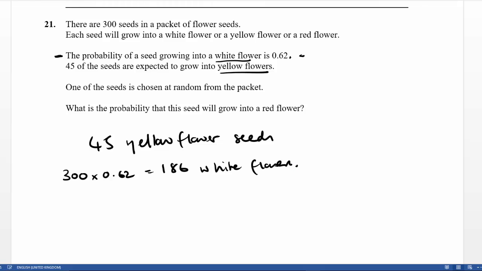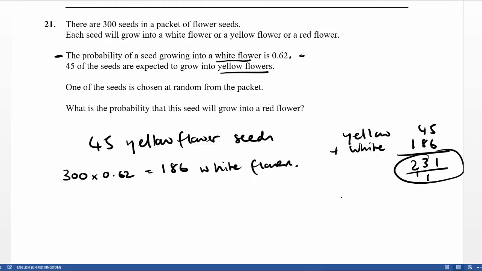Okay, so we've got yellow plus white. Let's write the yellow is 45 and white is 186. That's going to be 231 seeds.